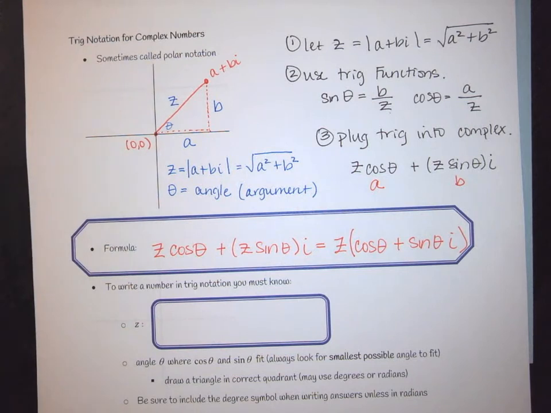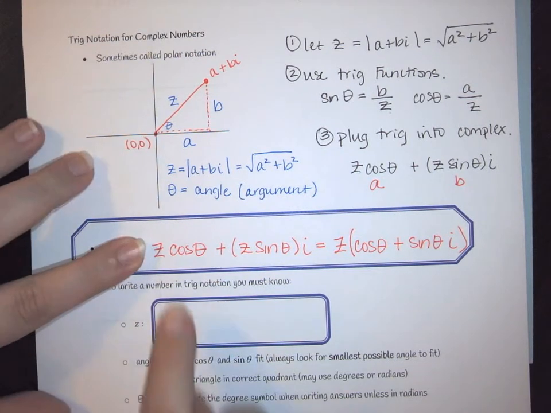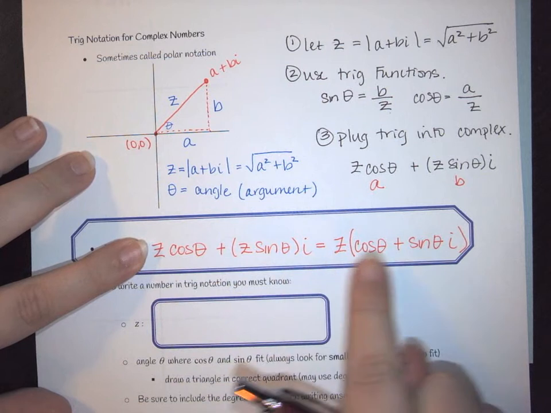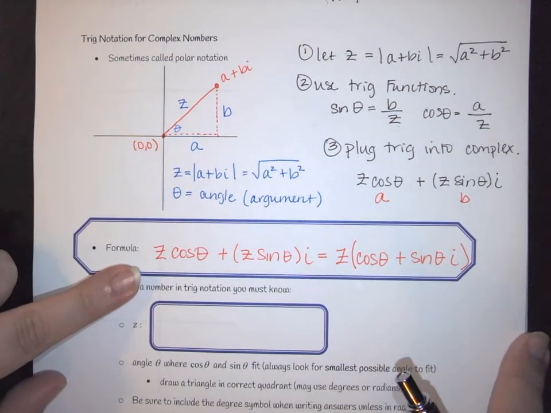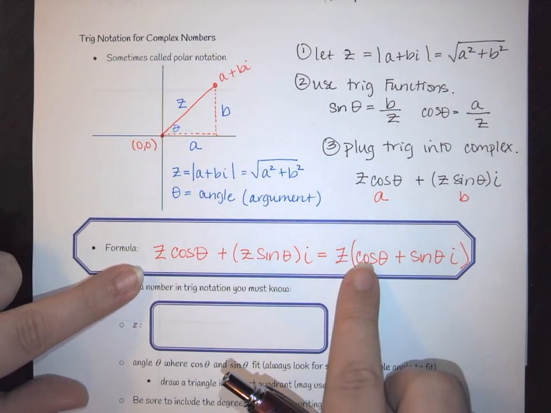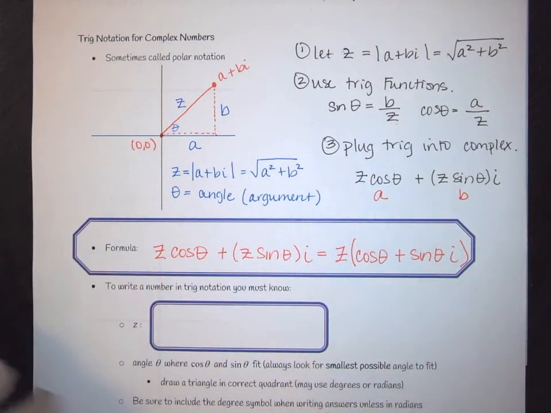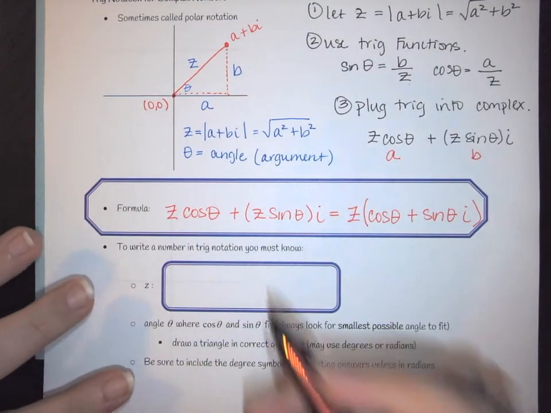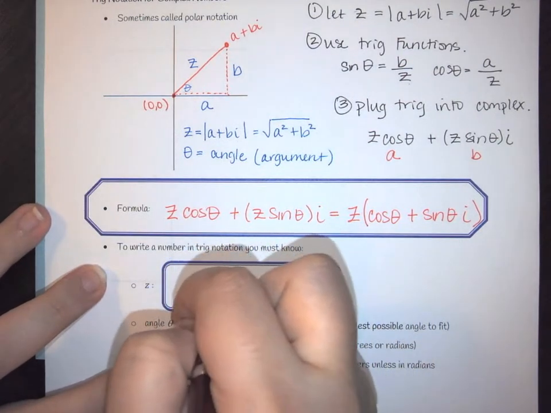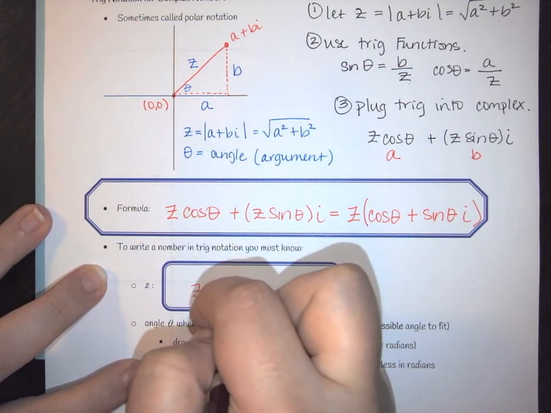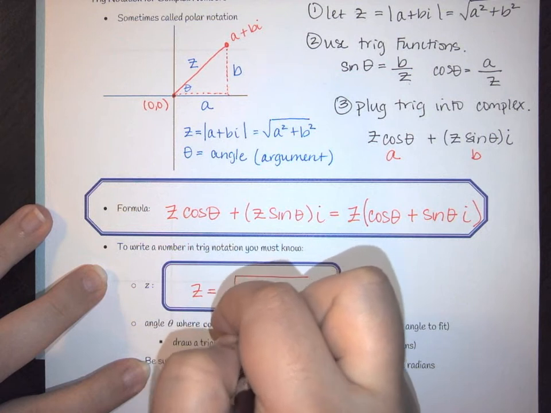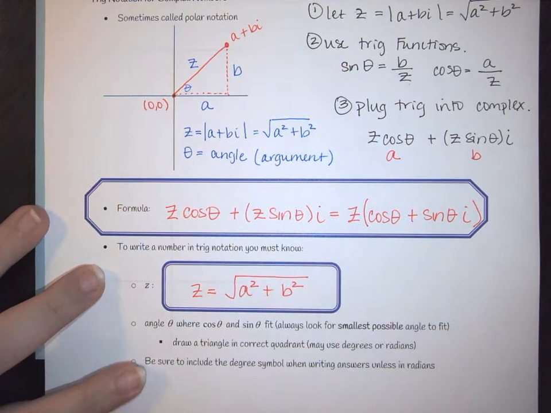This is the formula in either version that you need to pay close attention to when we are talking about trig notation for complex numbers. Now again, as a reminder, my z is always going to be that magnitude formula, the square root of a squared plus b squared.